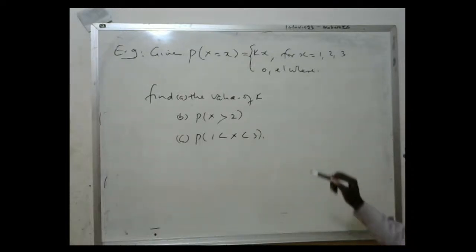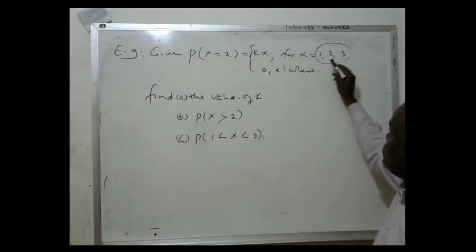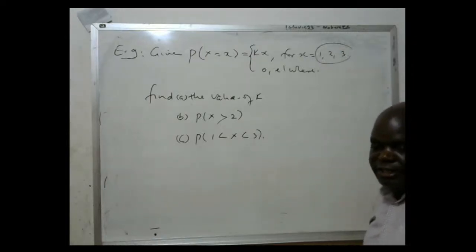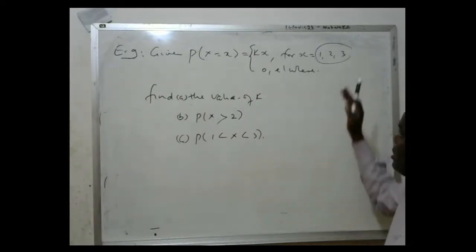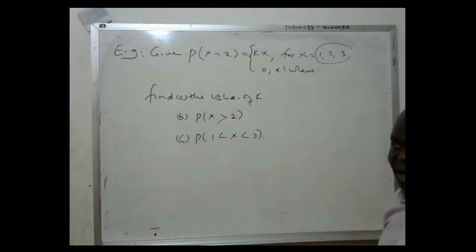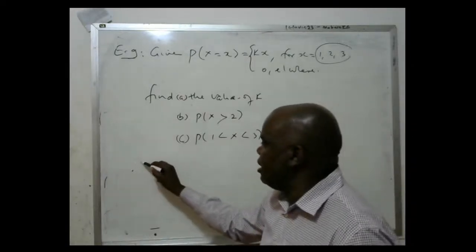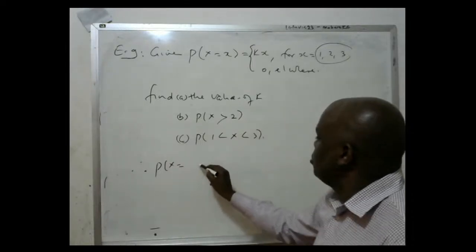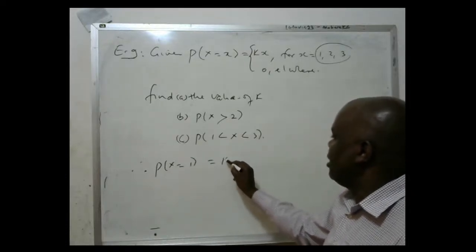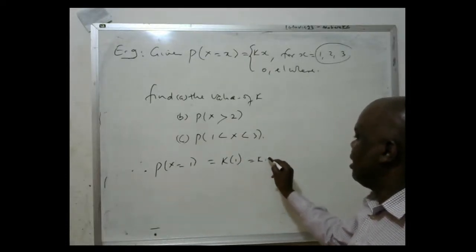Why is it discrete? Because I've told you that it takes on values 1, 2, and 3. So it's a discrete random variable. Now, since this one is a discrete random variable, that means what? I can substitute these respective values there. So the probability of x is equal to 1 shall be equal to k times 1, and I get k.